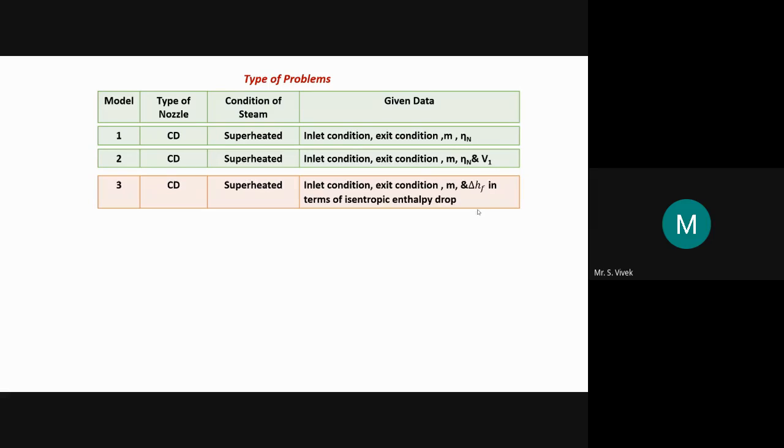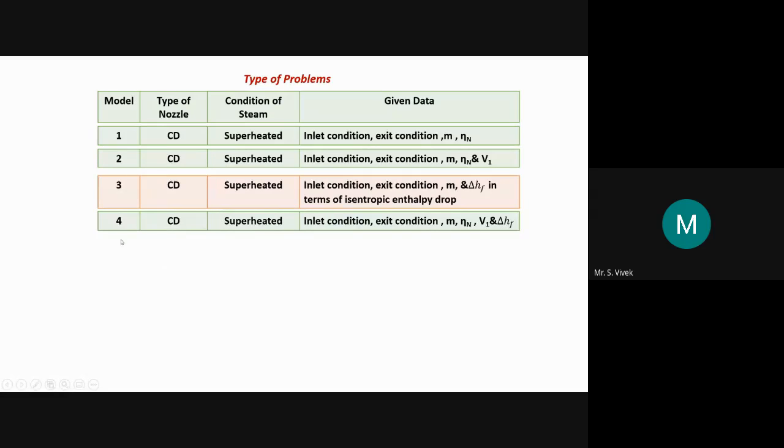Third problem: inlet condition, exit condition, mass flow rate, and delta HF in terms of isentropic enthalpy drop was given. And fourth problem, which we discussed in this session, in addition to inlet, exit, mass flow rate, nozzle efficiency, inlet velocity, as well as delta HF was given.